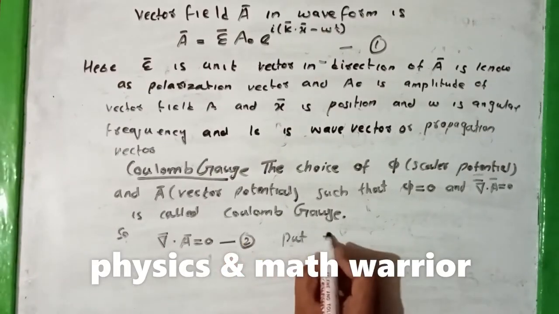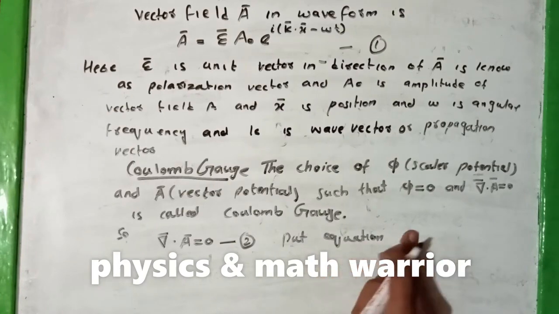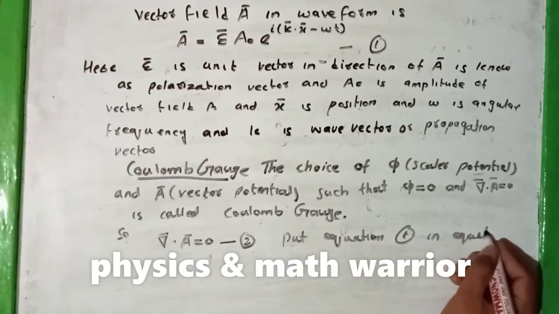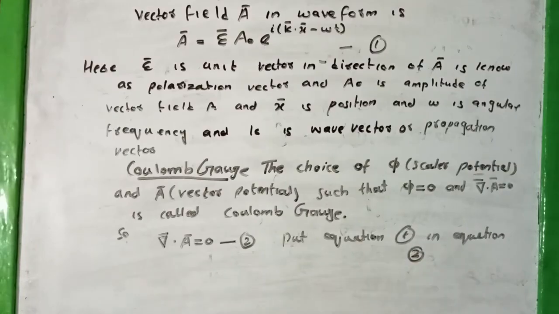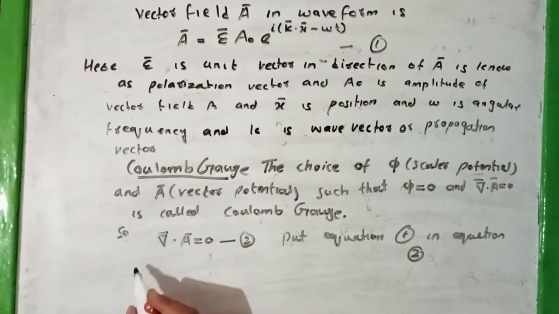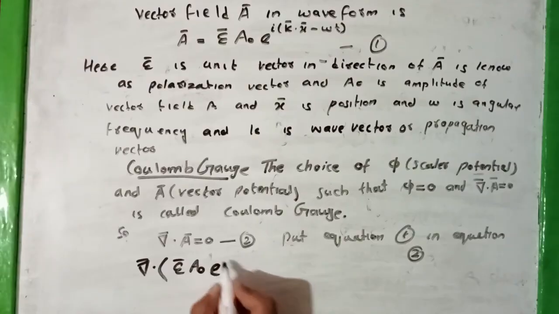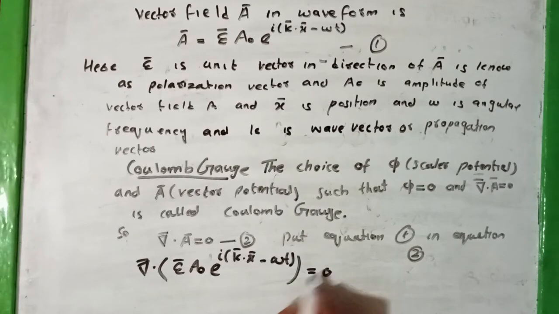Put equation 1 in equation 2. So divergence of epsilon A naught exponent iota (k dot x minus omega t) is equal to 0.